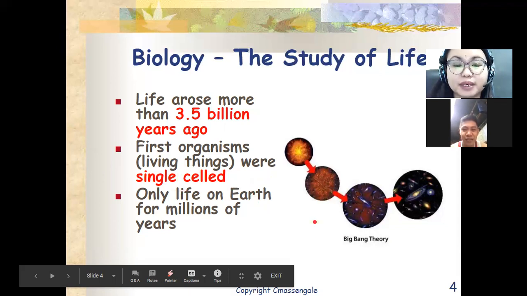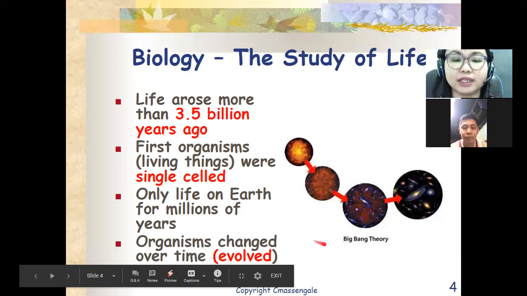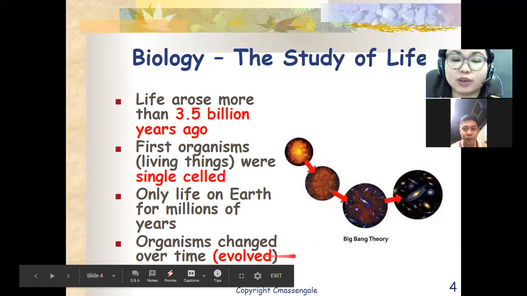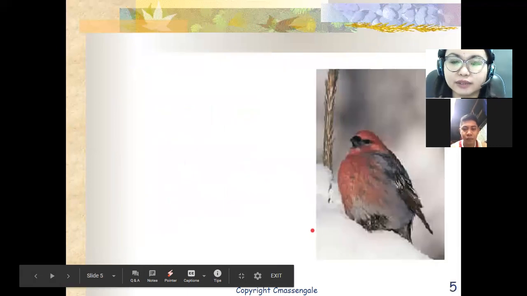Bacteria are actually the oldest living things until now, the only life on Earth for millions of years. It's the only living organism, which has of course changed over time, because we believe in evolution based on science, and each of us evolved.